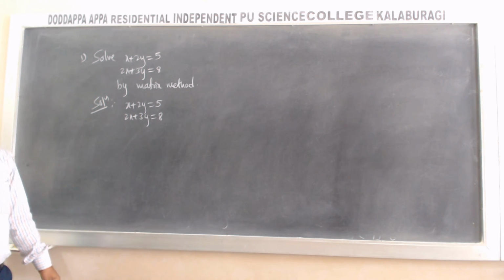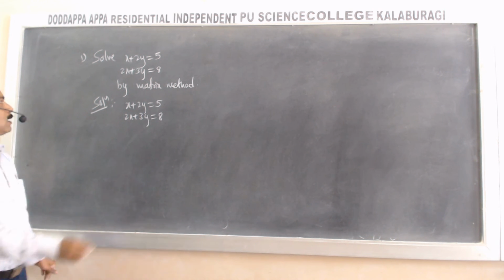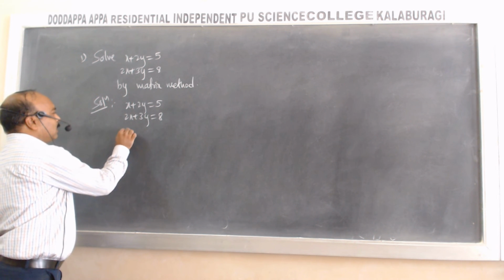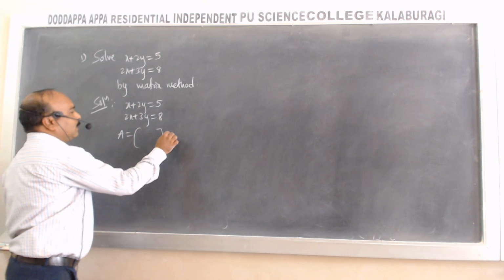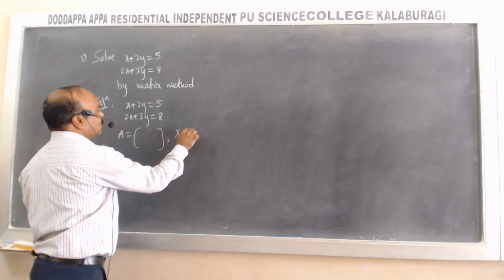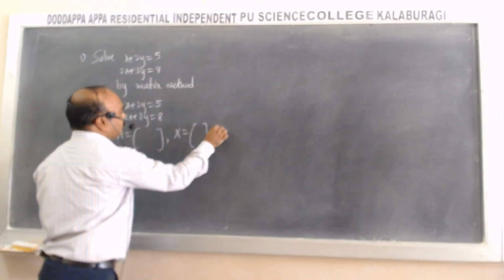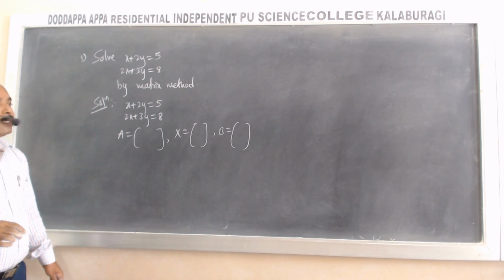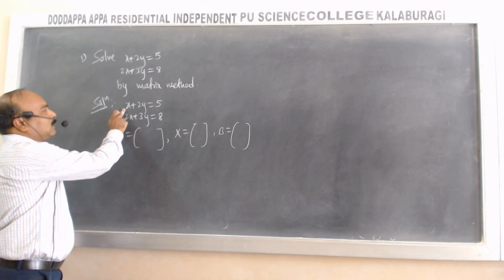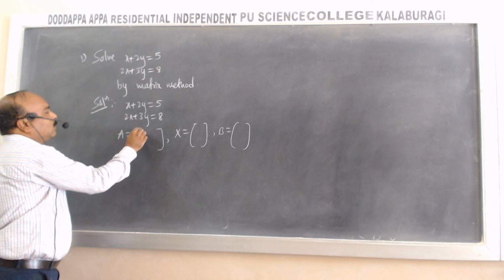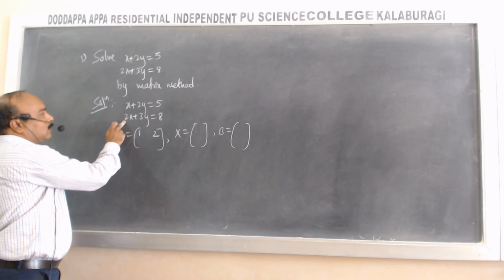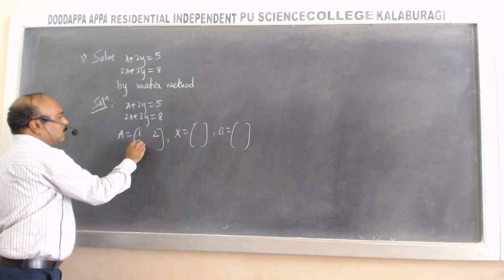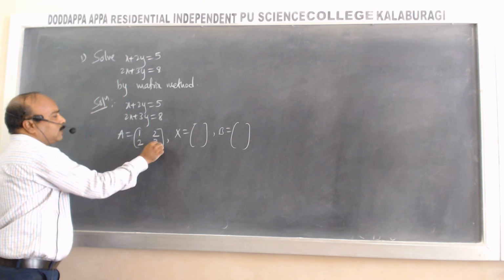By using these two equations we consider three matrices. The first matrix I will take as A, the second matrix we consider as X, and the third one is B. The first matrix is the coefficient matrix: X coefficient is 1, Y coefficient is 2, so the first row is 1, 2, and the second row is 2, 3.